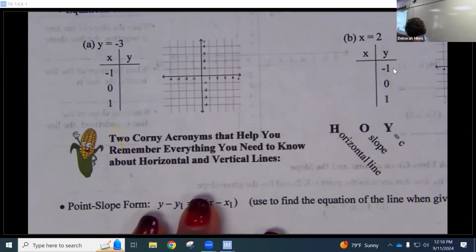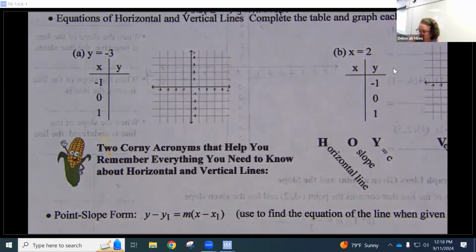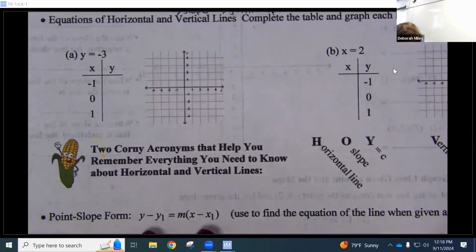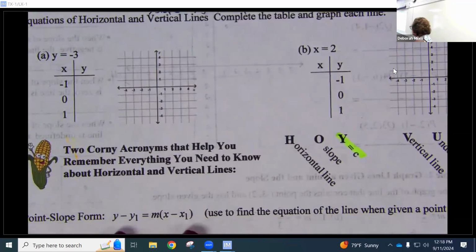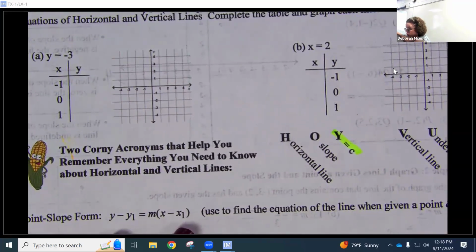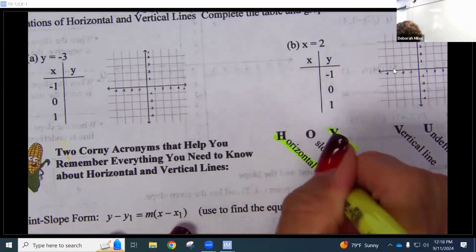I have a corny little acronym to help you remember everything you need to know about horizontal and vertical lines. I'm all for corny when it works. If you have y equals a constant, your height is not changing, that's a horizontal line.